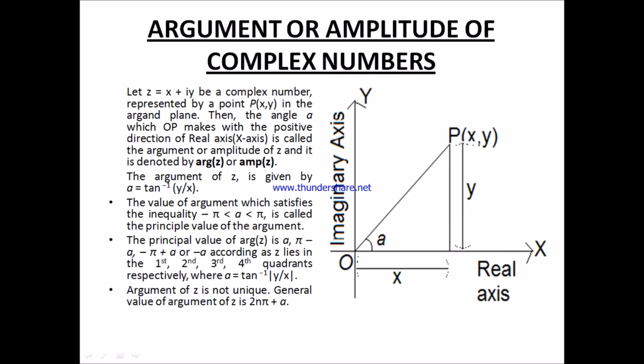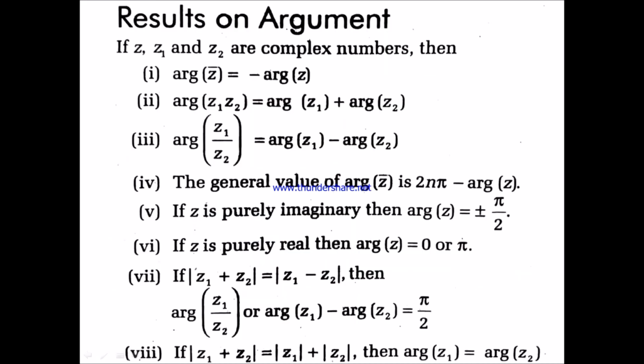However, the general value, the actual value, can be attained by 2n pi plus A, where n is nothing other than an integer, and it varies from one case to another. We can also understand the argument of Z is not unique, since many complex numbers can have the same argument. Okay, so now let's move.